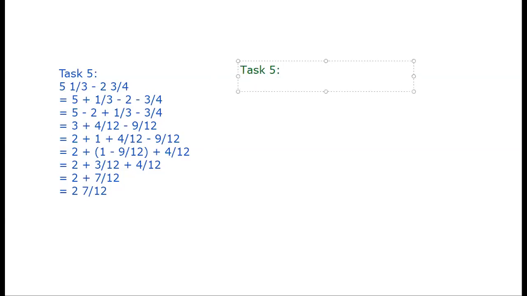So if you have a good sense of fractions, then you might realize that, oh, so you go, I'm skipping some steps here. So you might realize that 1/3 is smaller than 3/4.